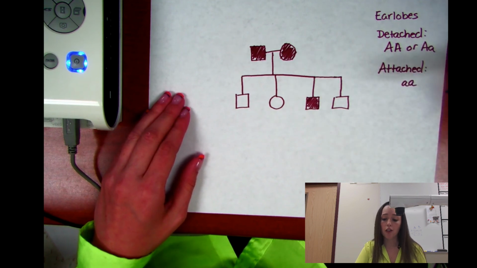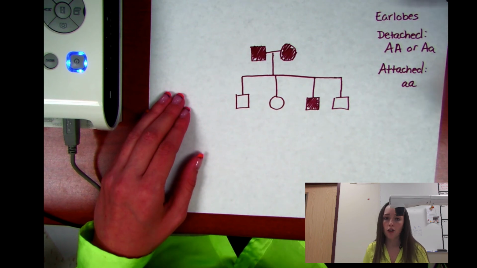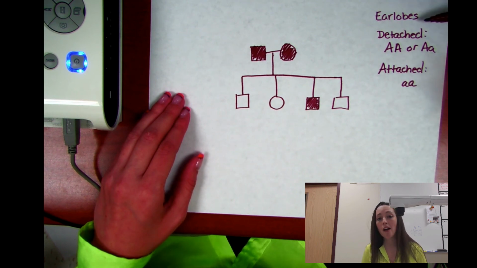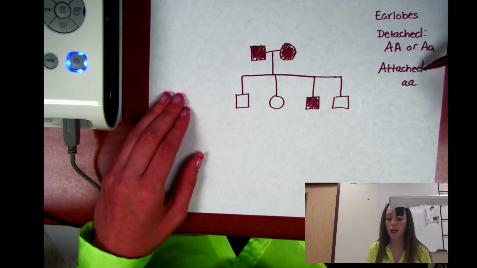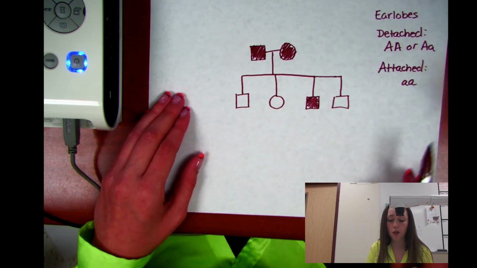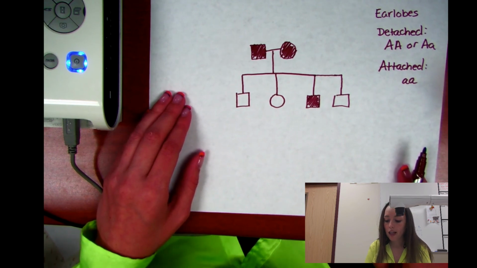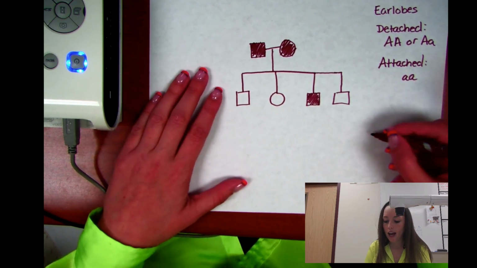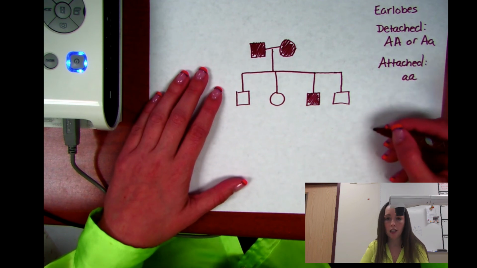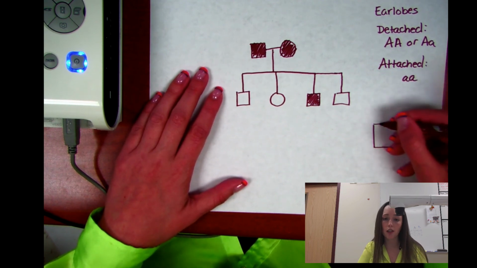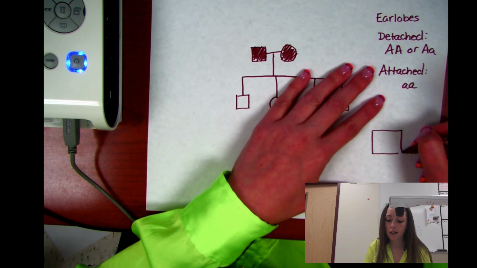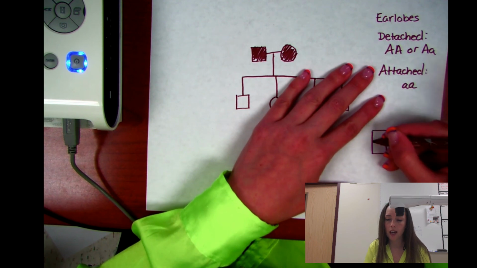Once you have drawn this, we are doing the trait detached versus attached earlobes, right? So like I said, 2 people with the recessive trait cannot have a kid with the dominant trait. All right, and I'm going to show you why. If we did a Punnett Square, and let's say both parents had attached earlobes. Attached earlobes is the recessive trait. So that means they're little a, okay?